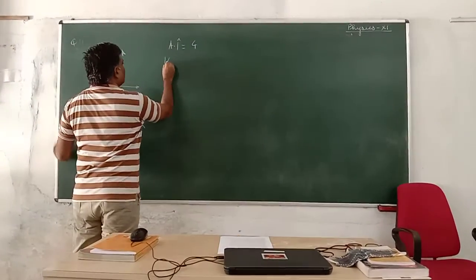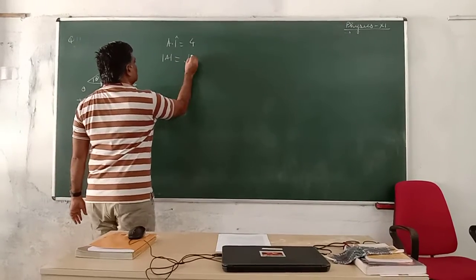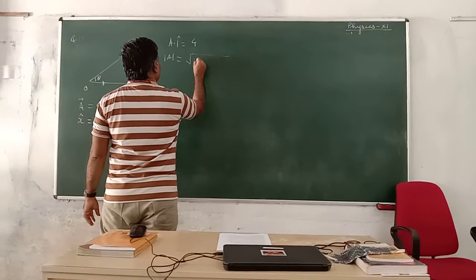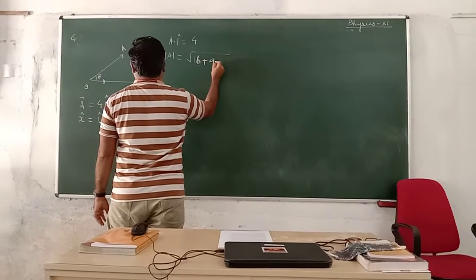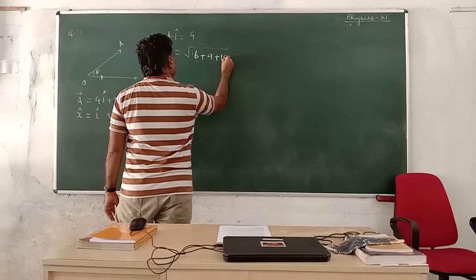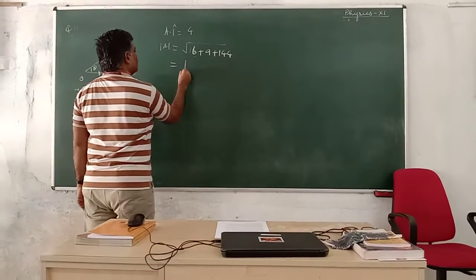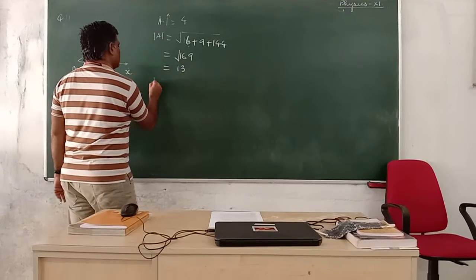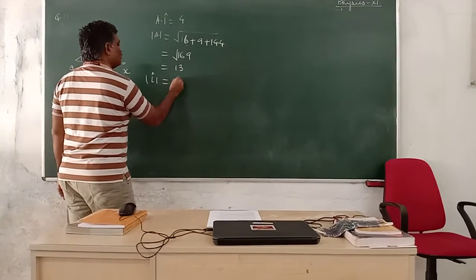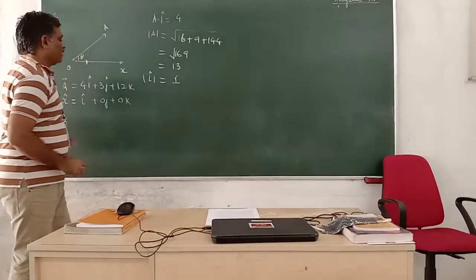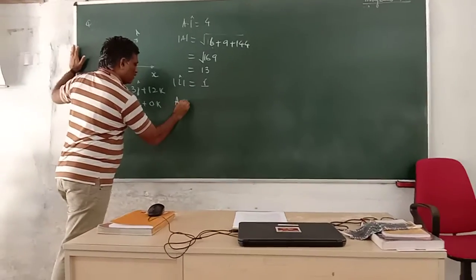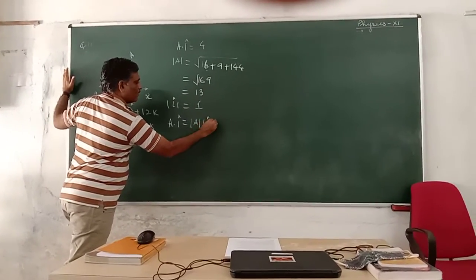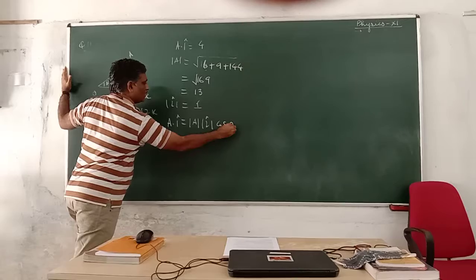Then the magnitude of A is equal to the square root of 16 plus 9 plus 144, which is equal to the square root of 169, which is 13. The magnitude of i is equal to 1 because it is a unit vector. We know that A dot i is equal to magnitude of A, magnitude of i, cos theta.